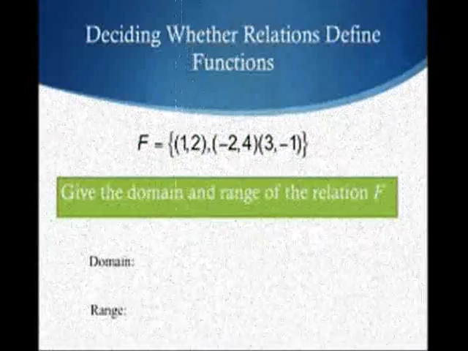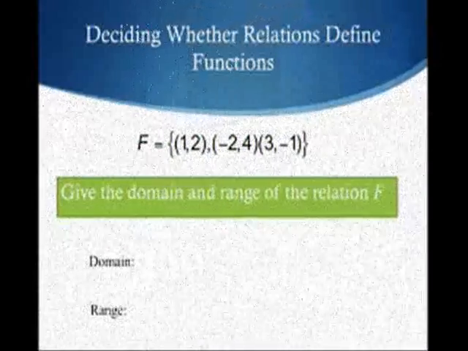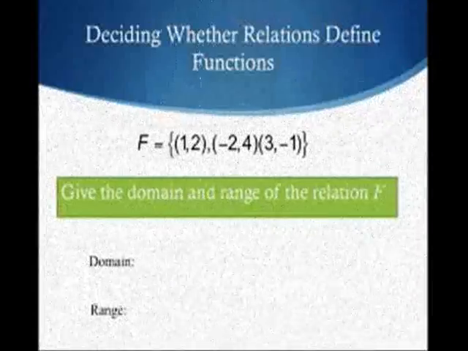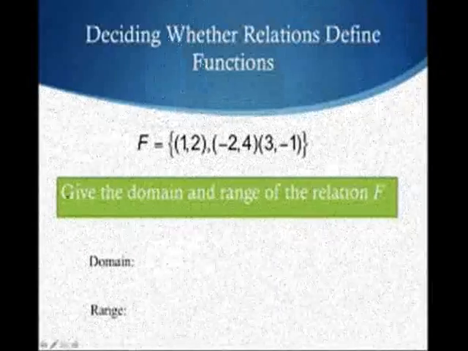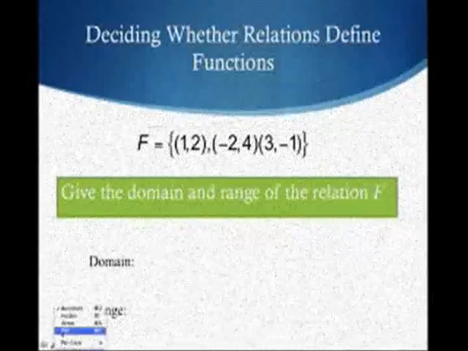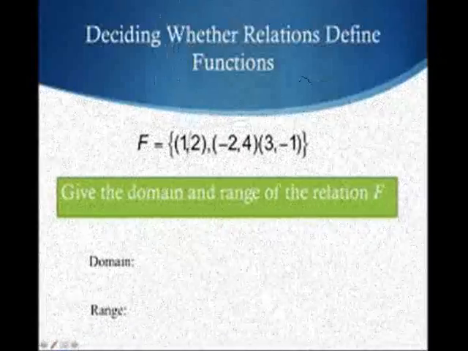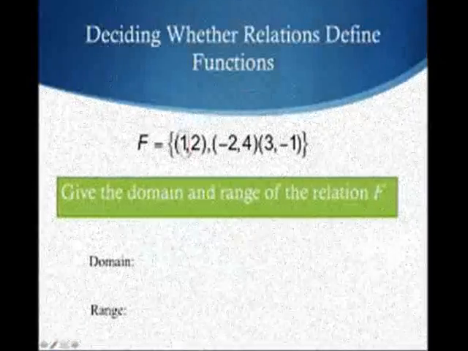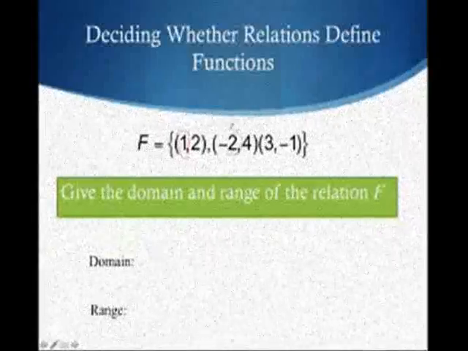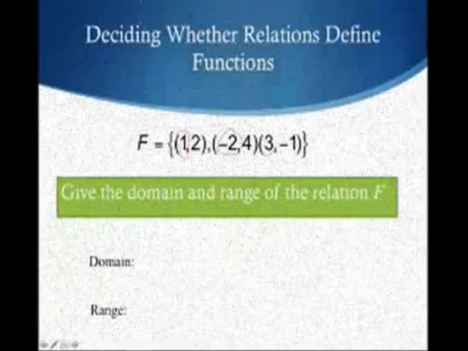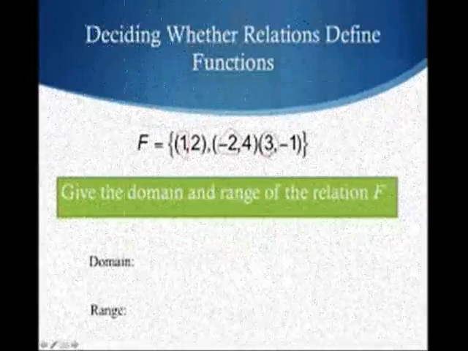All right, so let's look at this relation F. What's going to be the domain for this relation F? Well, I'm going to grab my pen here. There's a first component, there's a first component, and there's a first component.